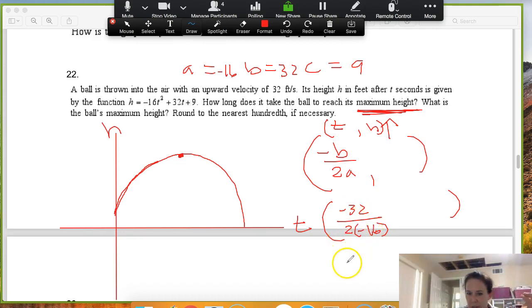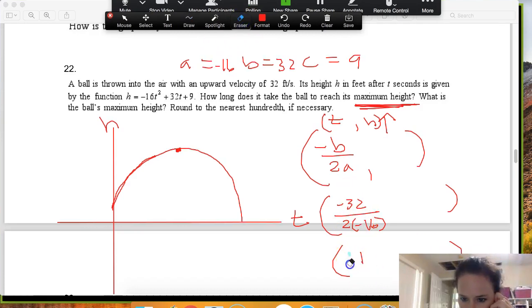Negative 32 over negative 32 is negative 1. So that is going to be your time at, oh, excuse me, I just made a brain fart. And this is how I knew I made a brain fart. Because time isn't negative. That's weird. I can't go back in time. Time has to be positive. So negative 32 divided by negative 32 is positive 1. So I apologize for that. All right, positive 1.